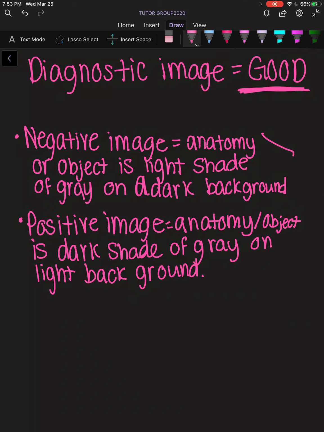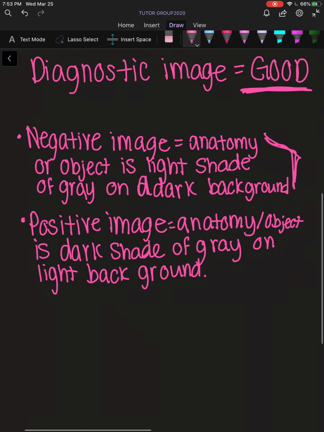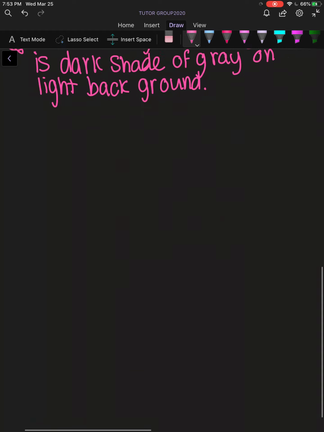But remember that all of our images are going to come out negative, but our radiologist might ask us to do either both or one of the other. It just depends on which radiologist you're with.